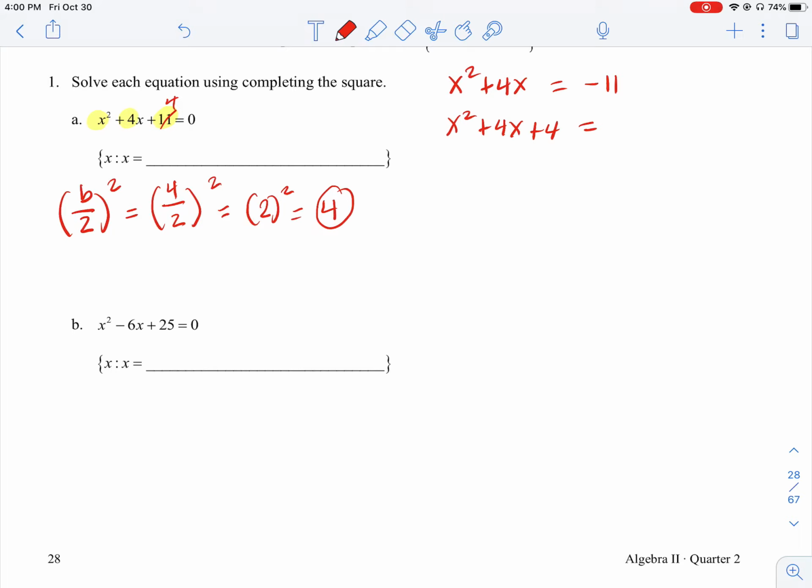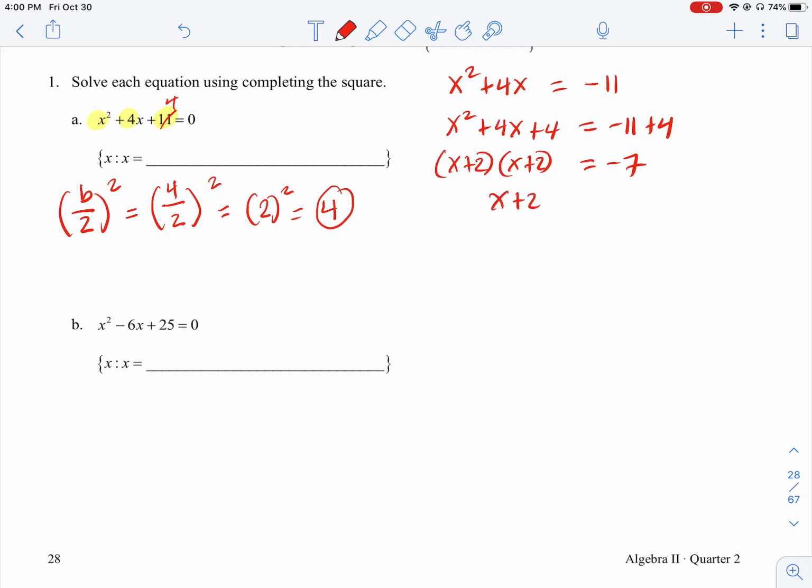So you have to complete the square. Because you added 4 on your left side, you would also have to add 4 on your right side. And so you're going to end up with a negative 11 plus 4 on the right side, and that is negative 7. And then you're going to factor this, and that is x plus 2 and x plus 2.